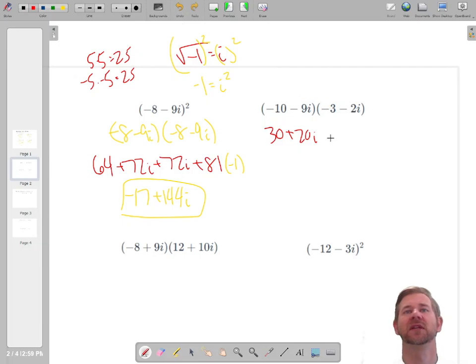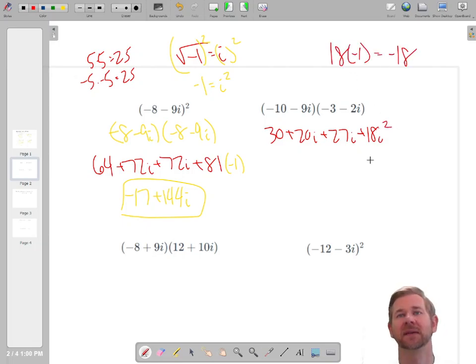Negative 9 times negative 3 is 27i, and then this is going to be 18i squared. But really, 18i squared is negative 18. So if I do 30 minus 18, I get 12, and 20 plus 27 is 47i.